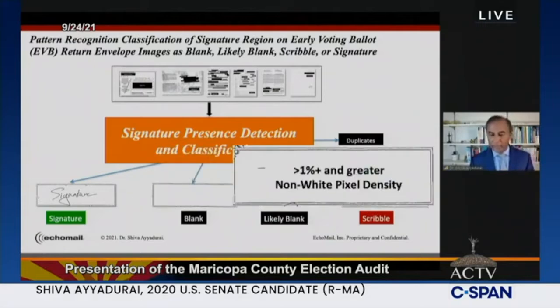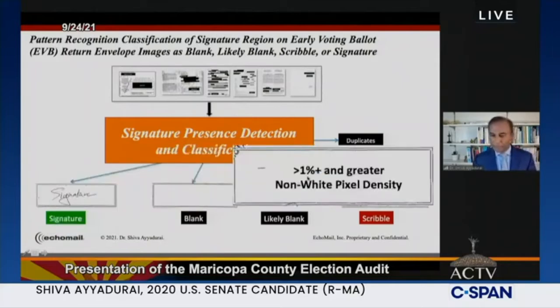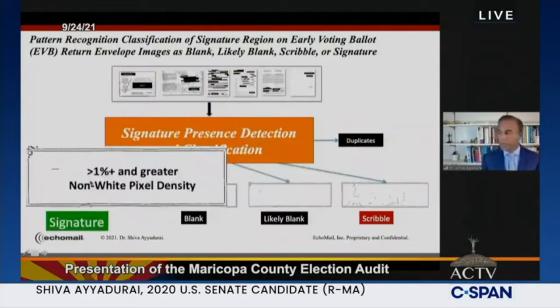And then if it was greater than 1% density, that was denoted a scribble. By the way, this should be 0.1% to 1%. Slight mistake here. So this is greater than 1%, okay? So let me repeat, this should be greater than 0.1%, less than 1%. Please correct that. And this is greater than 1%.